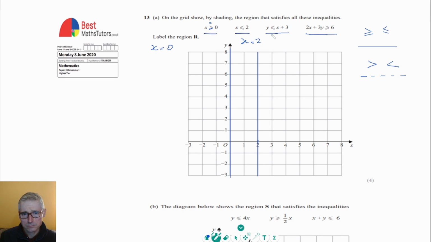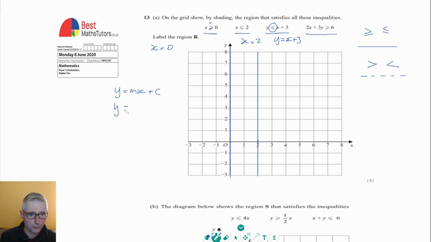Next, we've got y is less than or equal to x plus 3. So what we can do is draw the line y equals x plus 3 first of all. And again, a solid line because the inequality is less than or equal to. If we consider y equals mx plus c, the equation of a straight line, we know that the c is the number that's tagged on at the end.